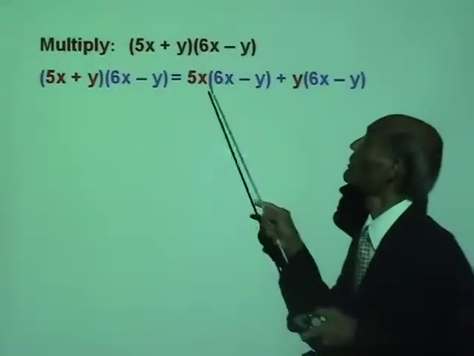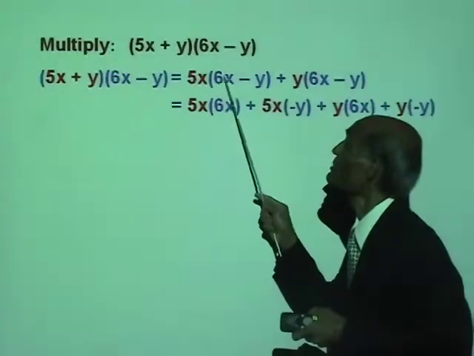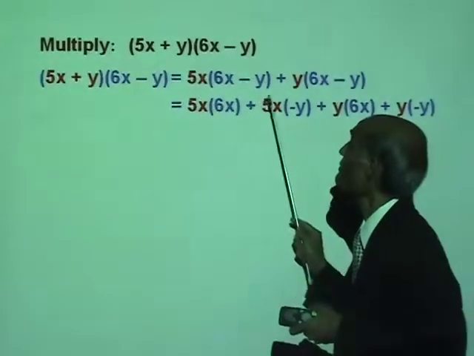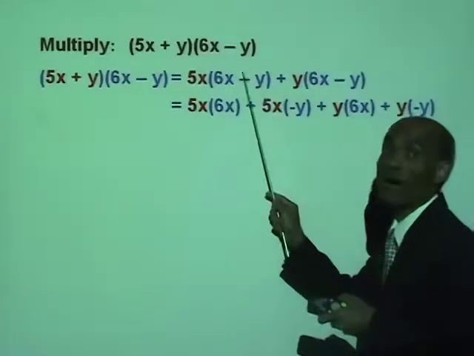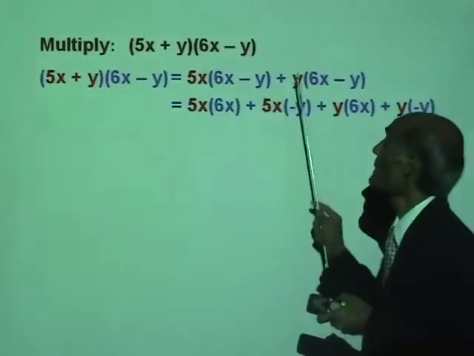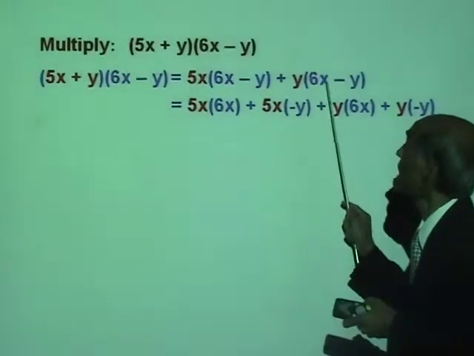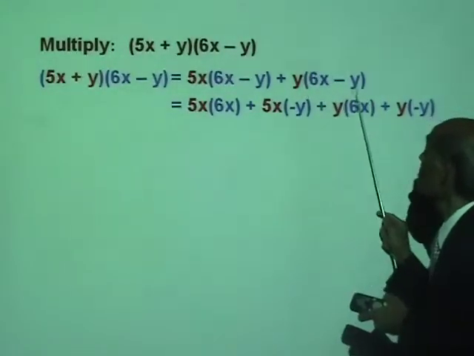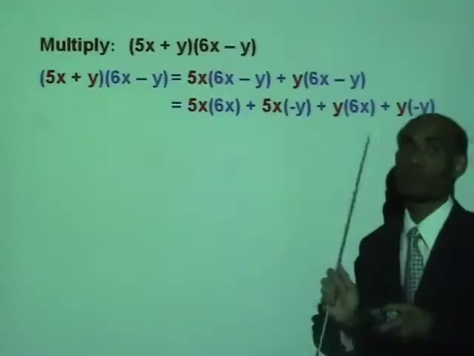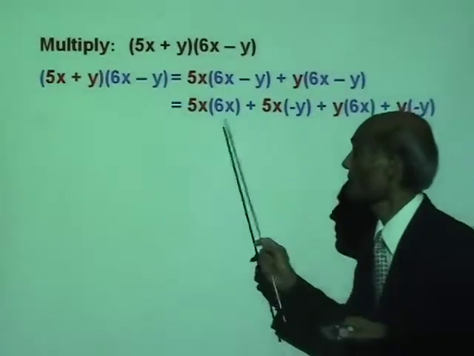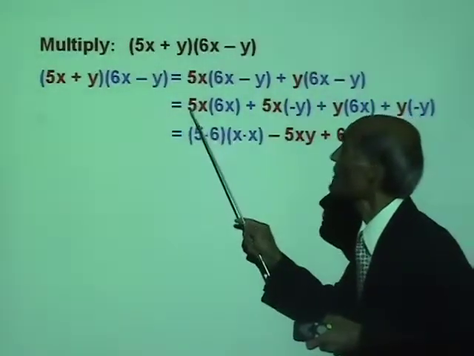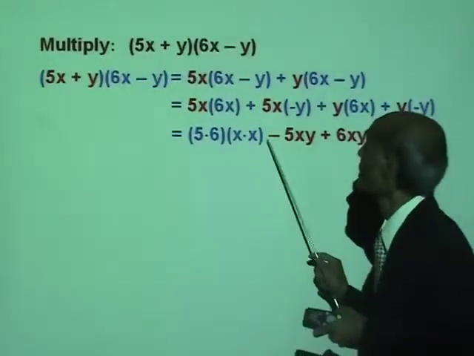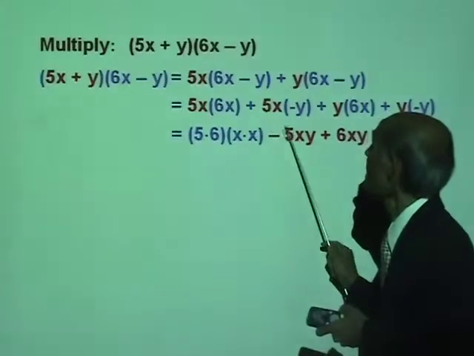And now multiply them out. 5x times 6x plus 5x times negative y, what are your signs? Plus y times 6x plus y times negative y. Okay, that will be 5 times 6, x times x, minus 5 times.